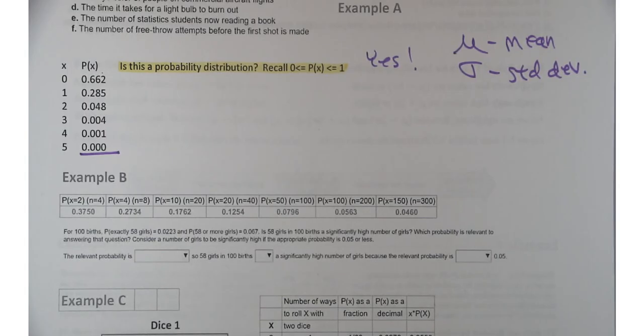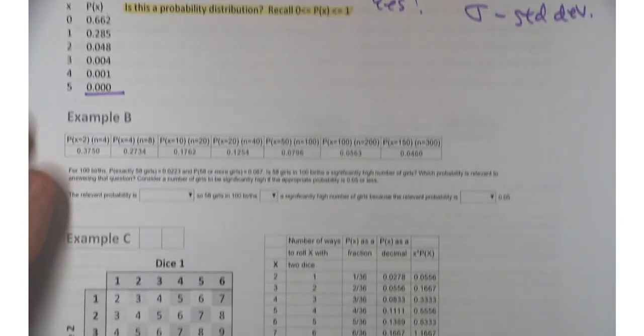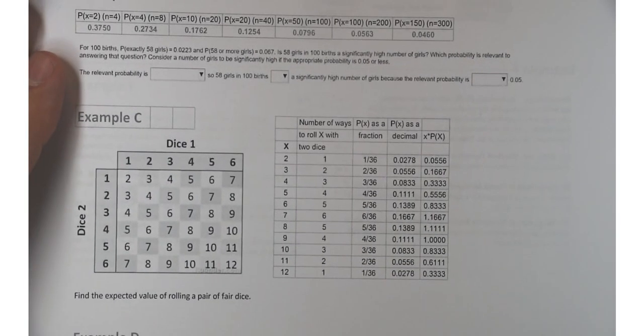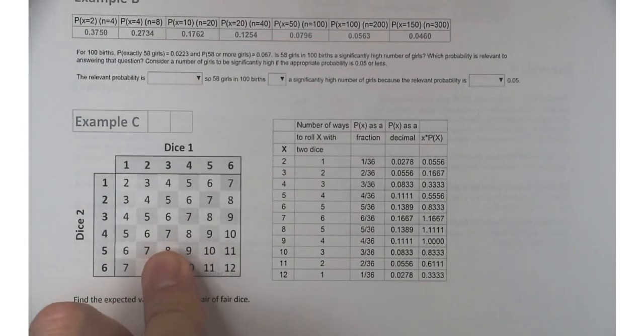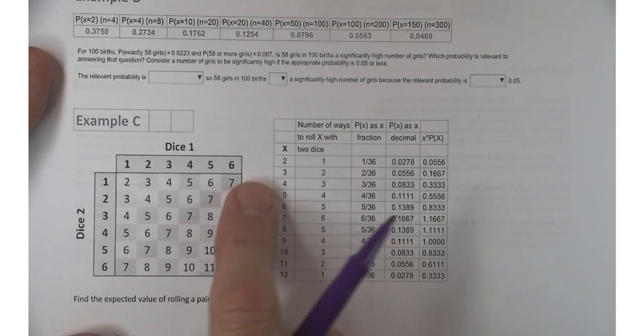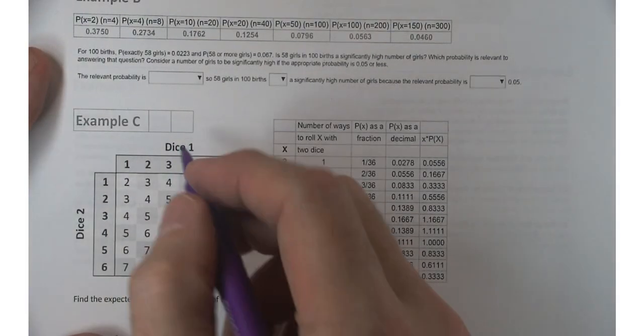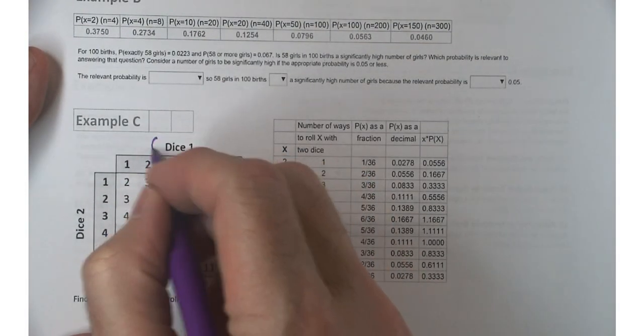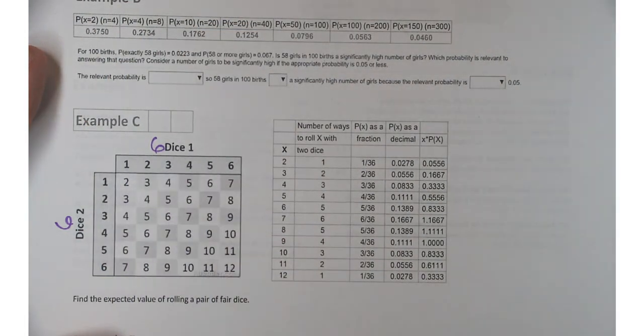So let's work with a funner example, which would be example C down here. And that is rolling some dice. We're going to roll 2 6-sided dice. So there's 6 possible outcomes here, and 6 possible outcomes here. How many events are there all together?